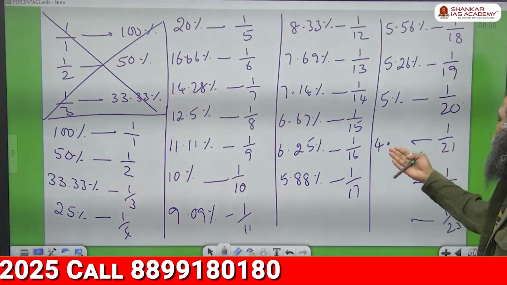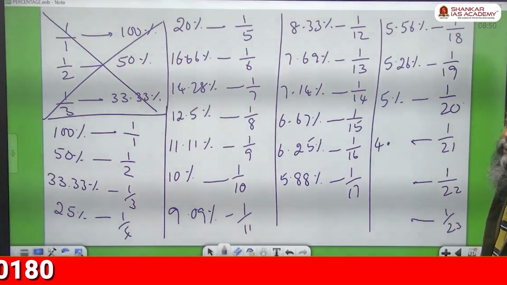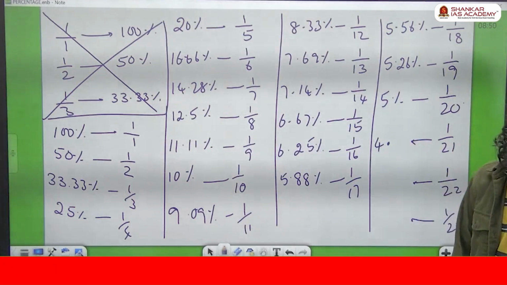1 by 21 into 100 is how much? 7 point something? 4 point? No. 4.83, yeah.